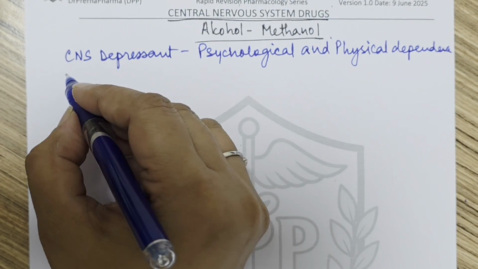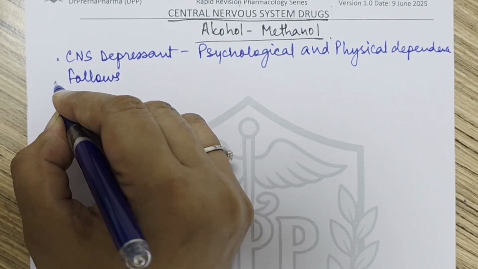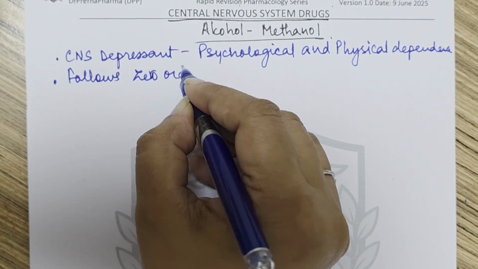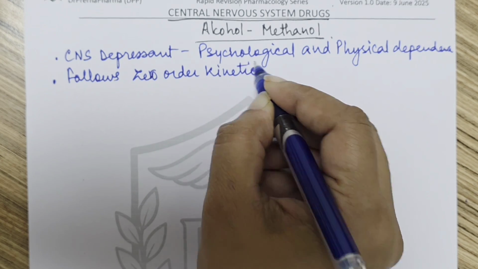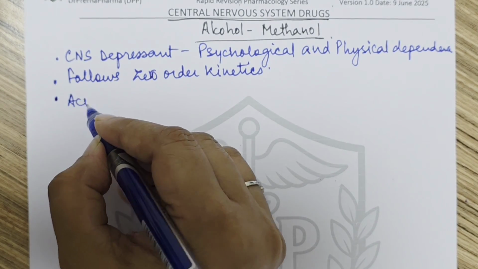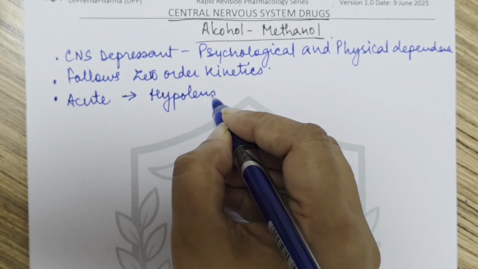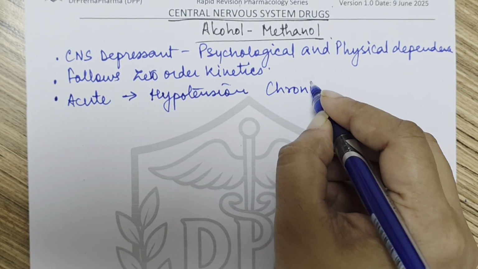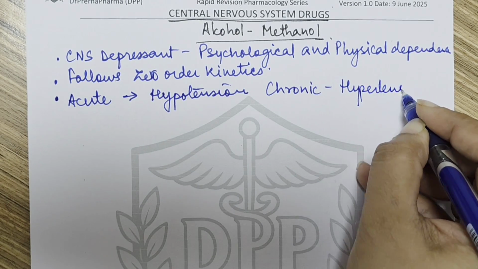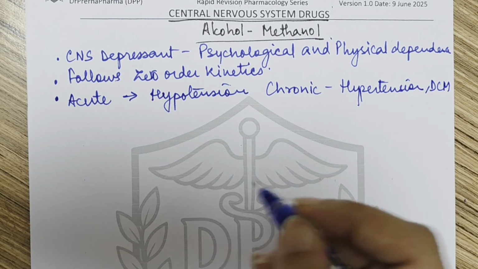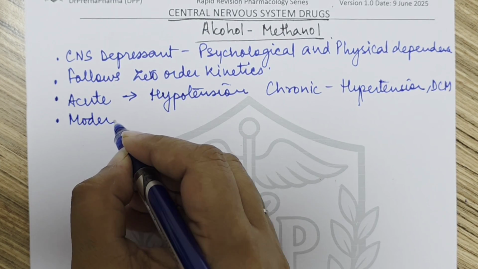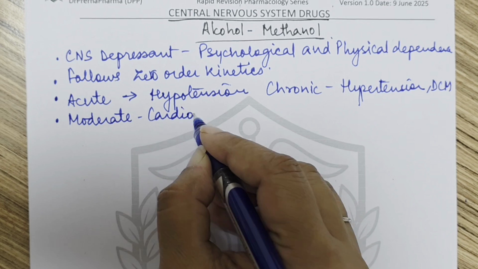Now it follows zero order kinetics. So saturable kinetics होती है, and so it can result in toxicity at higher concentrations. Acute ingestion of large quantity of alcohol can result in hypotension, and chronic ingestion of alcohol can result in hypertension and also dilated cardiomyopathy.